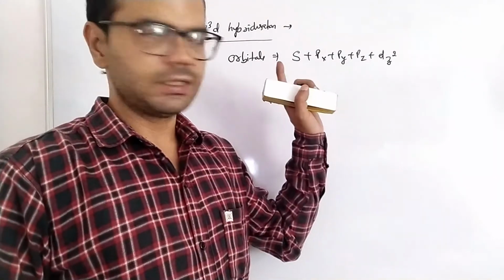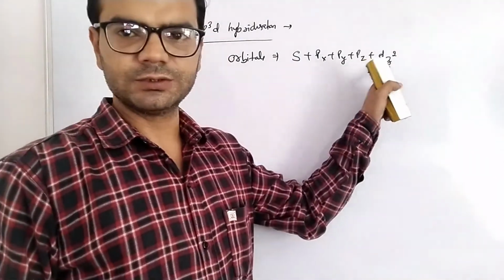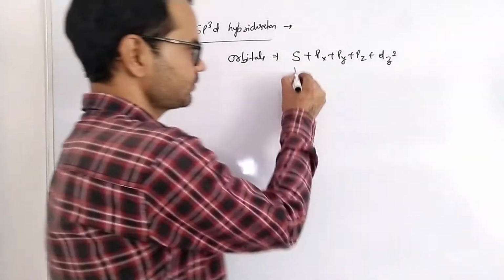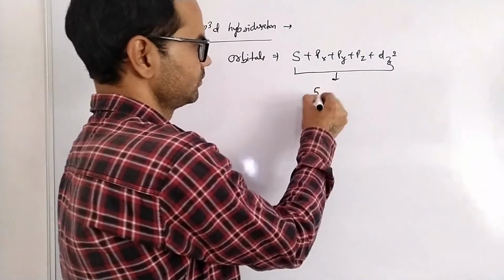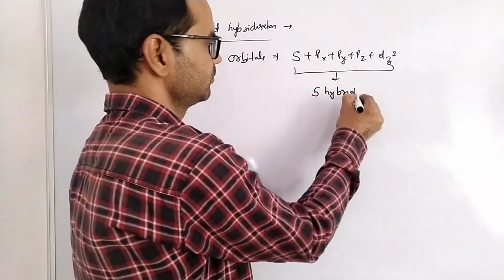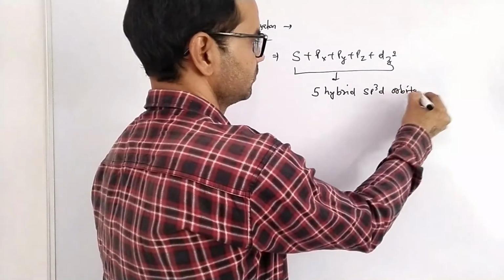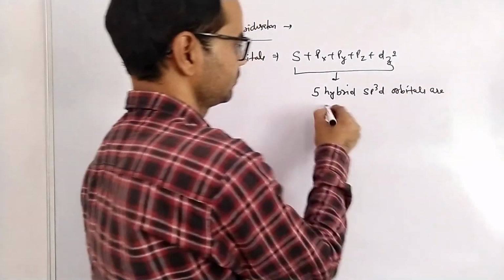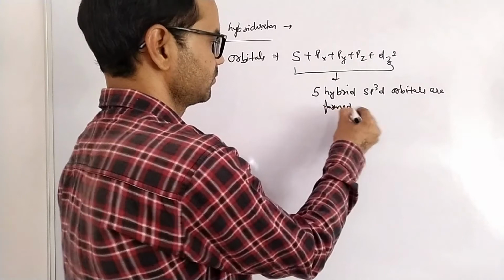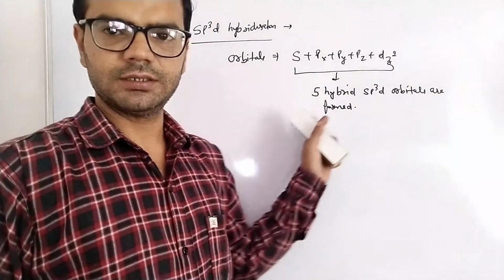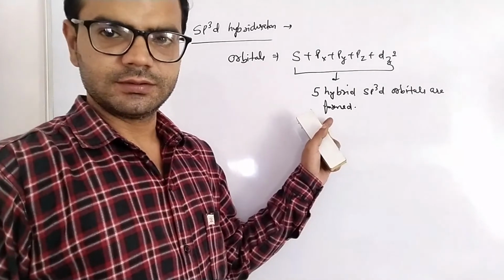D has 5 orbitals, so dz square is used in sp3d hybridization. As a result, five hybrid sp3d orbitals are formed.